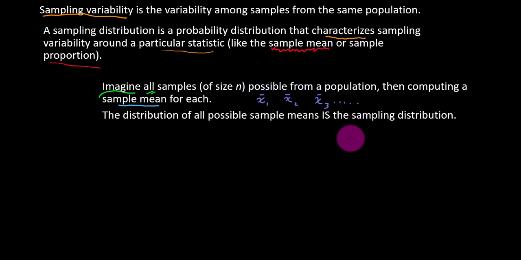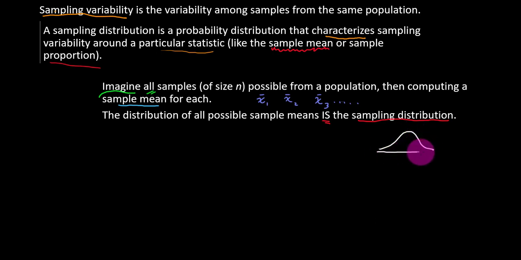Consider the distribution of all of these sample means. Remember, they would just be numbers, right? So we could graph them and they would form a distribution. That distribution is this thing called the sampling distribution. If we were to graph this, it would form a smooth curve. Now I'm just going to draw a normal one.